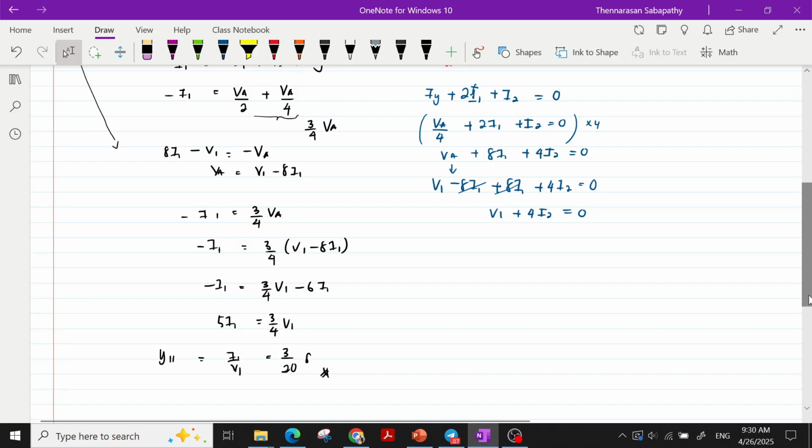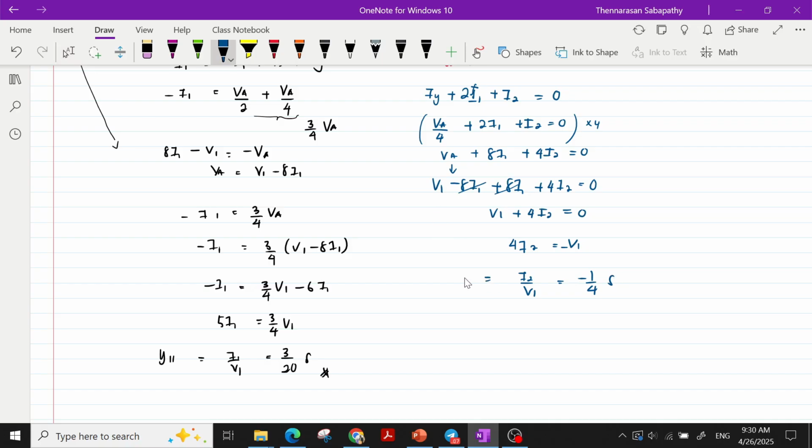Then I can write it in a way that 4I2 equals negative V1, and I2 over V1 is negative 1 over 4 S, and this is actually y21.